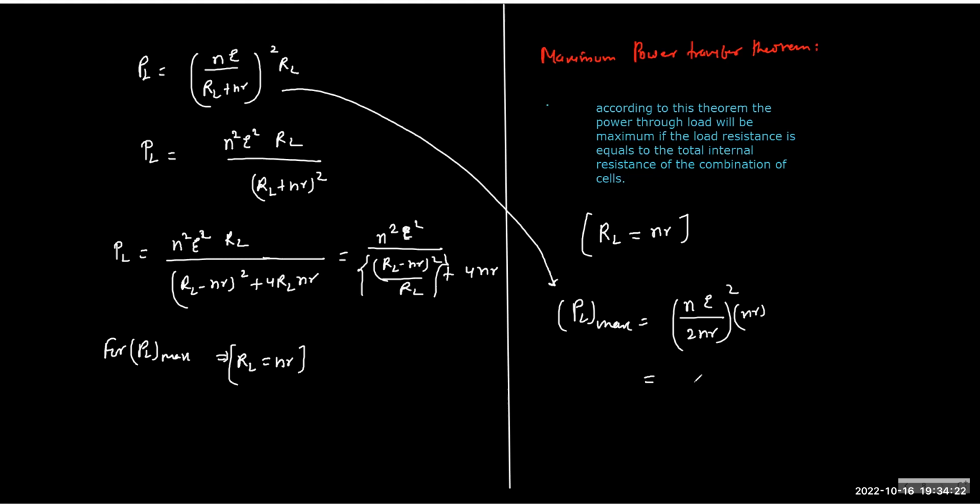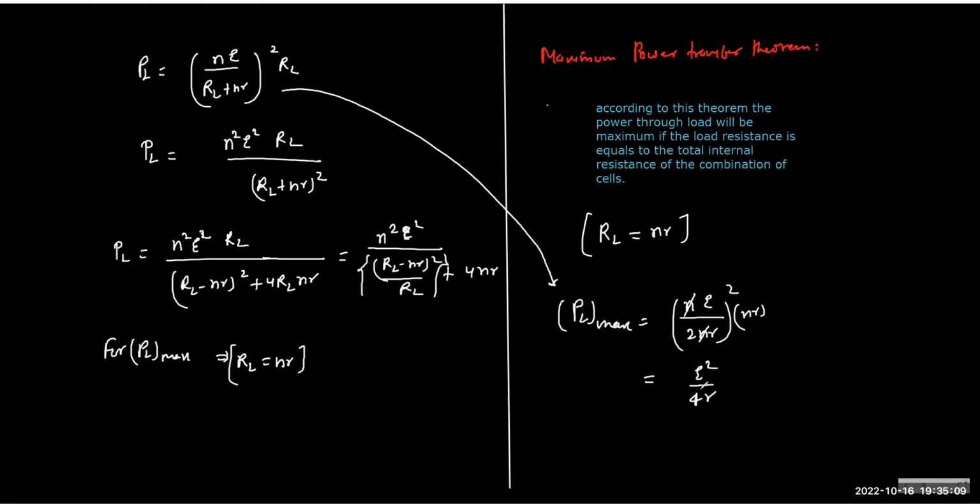And if you rearrange, what will we get? n square E square... So what is the answer we are getting here?